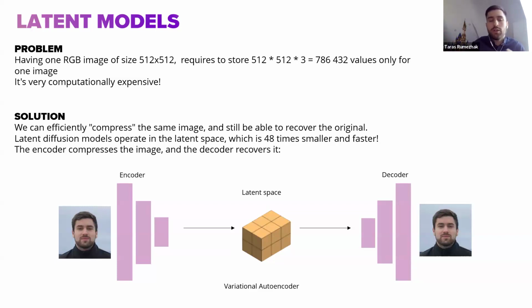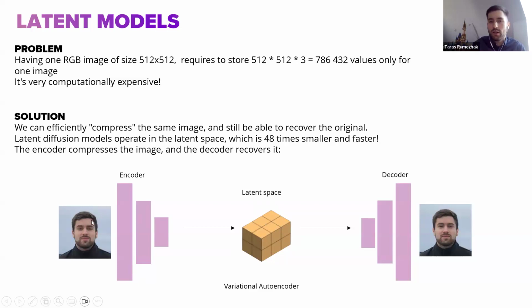The encoder learns how to encode my image to a small representative vector. We call it the latent space. So that the decoder can decode that encoded vector back to the original image.